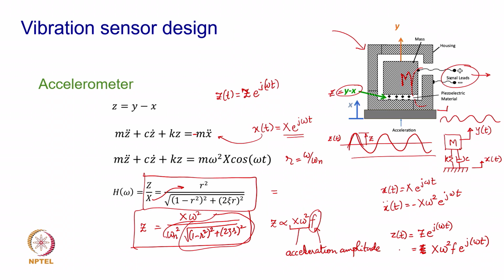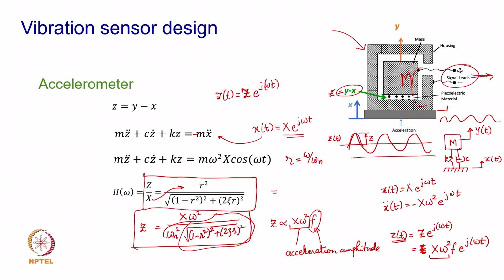So, the dynamic strain in the piezo material is indeed proportional to the input acceleration, and basically when you take this signal out, that signal is proportional to the strain, because that is the property of the piezo material, that the charge output is proportional to the mechanical strain.